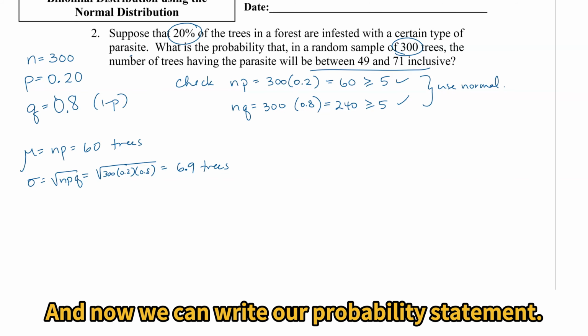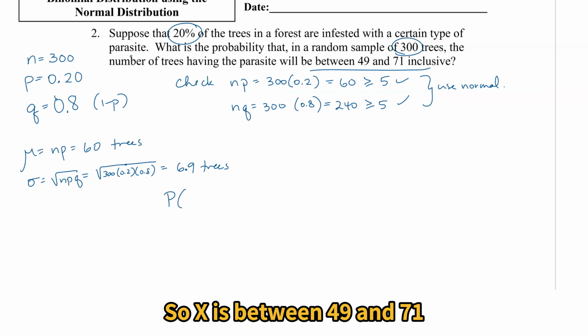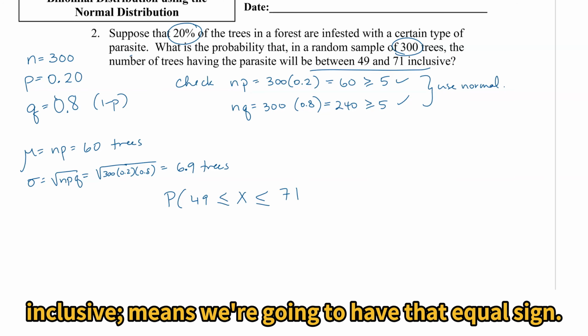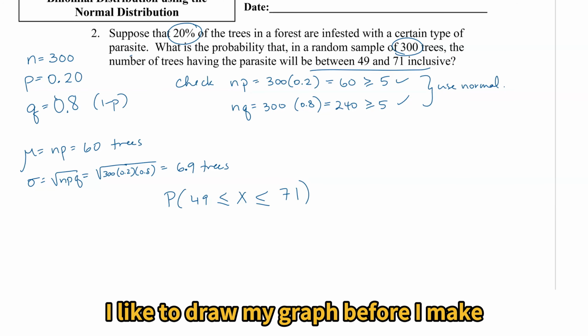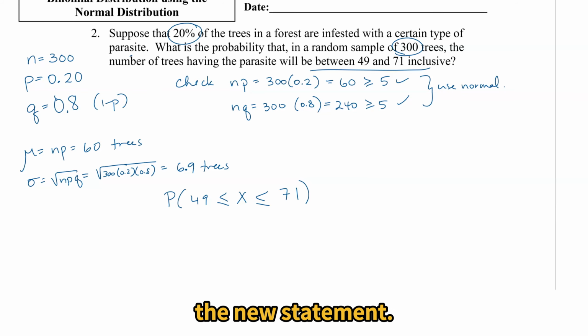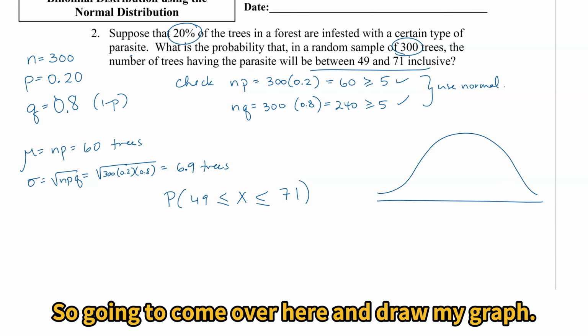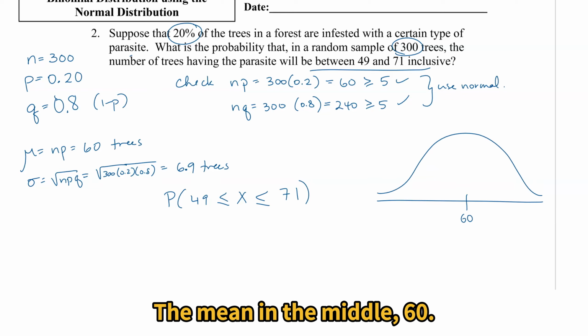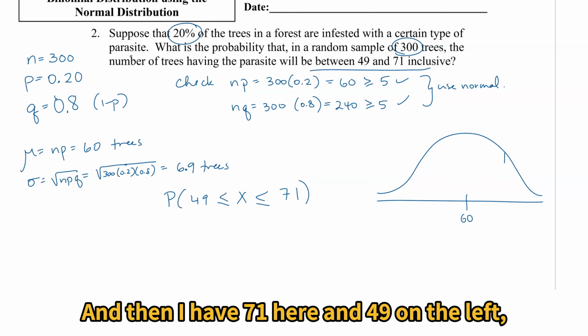And now we can write our probability statement. So x is between 49 and 71 inclusive, means we're going to have that equal sign there. I like to draw my graph before I make the new statement. So I'm going to come over here and draw my graph. The mean in the middle, 60. And then I have 71 here and 49 on the left.